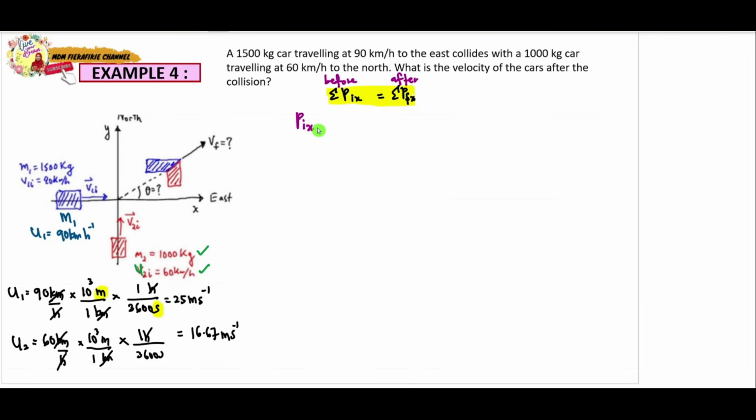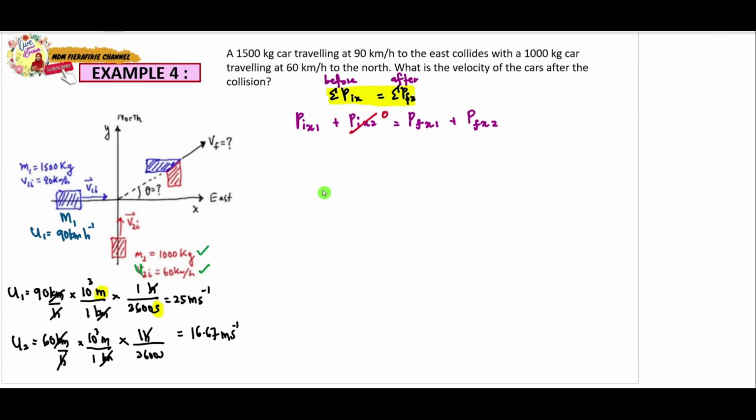okay, initial momentum in X component for contohlah car 1 plus initial momentum for car 2 equal to momentum final, okay, in X component car 1 plus momentum final in X component car 2. So kita dah tahu dah before collision car 2 tidak bergerak in X component.